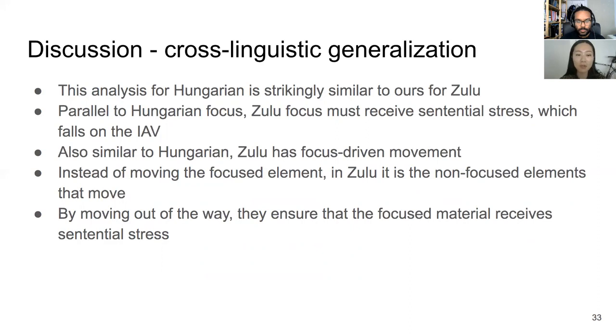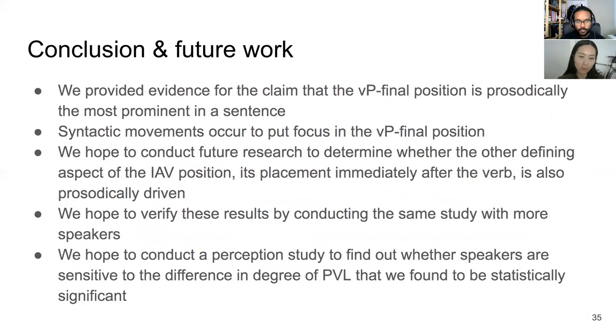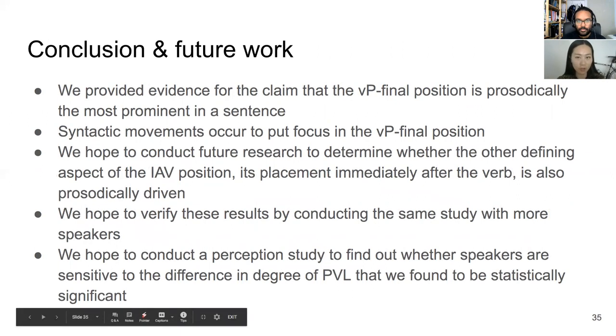And by moving out of the way, they make sure that the focused material receives sentential stress. To conclude, in this talk, we provided evidence for the claim that the VP final position is prosodically the most prominent within a sentence, and syntactic movements occur to put focus in the VP final position.